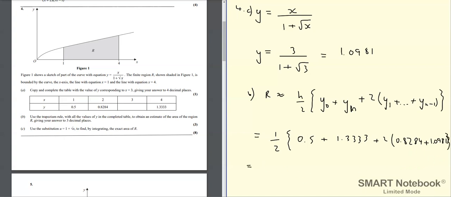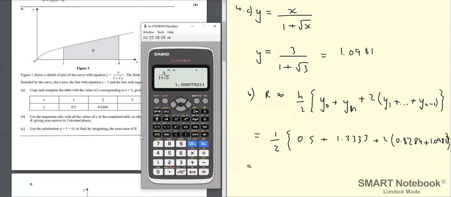Now the biggest area where students make mistakes here is plugging it into the calculator. So just take your time ensuring that you do this correctly. So 0.5 multiplied by open brackets 0.5 plus 1.3333 plus 2 times by open another set of brackets, 0.8284 plus 1.0981.